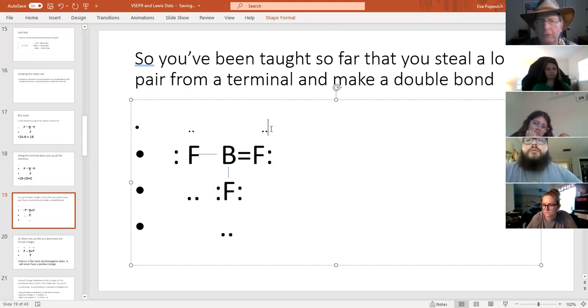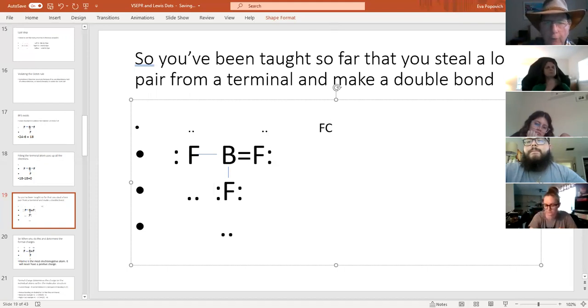Until we go into thinking about something called formal charge. Formal charge is the charge on the atom as it exists in the molecule.